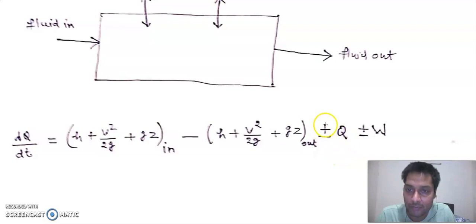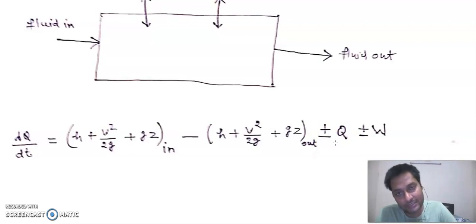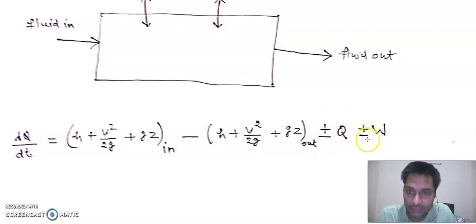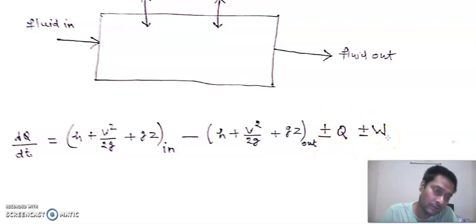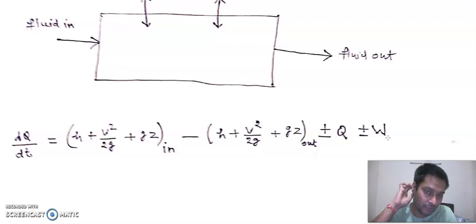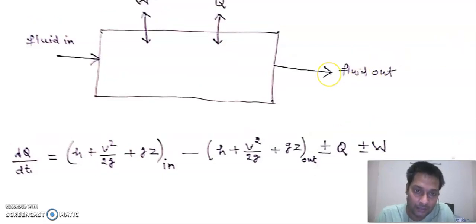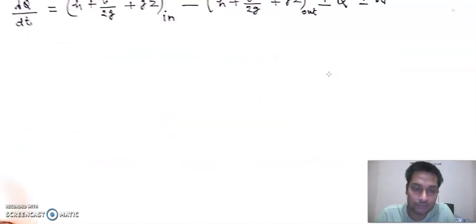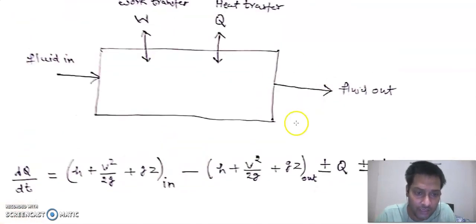I am using plus and minus signs here. So whether energy is gained by the system or lost by the system, we will use the sign accordingly. Similarly for work, if the work is done by the system or done on the system, we will use the appropriate sign. In this way we can do an energy balance in any control system. So this is the basic of energy balance.